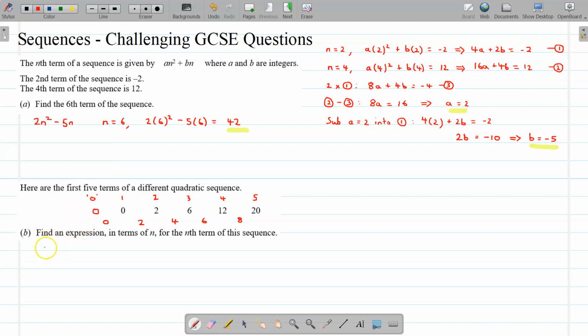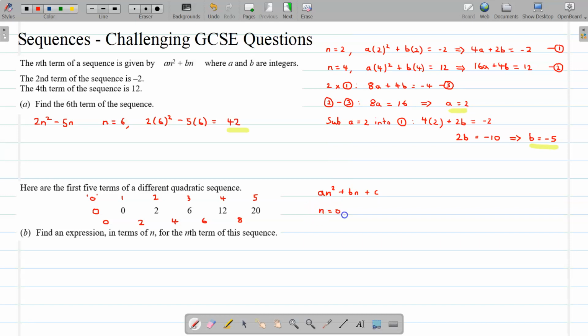Okay, and we know that the general form of a quadratic sequence is an squared plus bn plus c. Now in this case c was 0, and in fact that's going to happen in this sequence as well. So we're going to look at 3 conditions now: when n is 0, n is 1, and when n is 2.